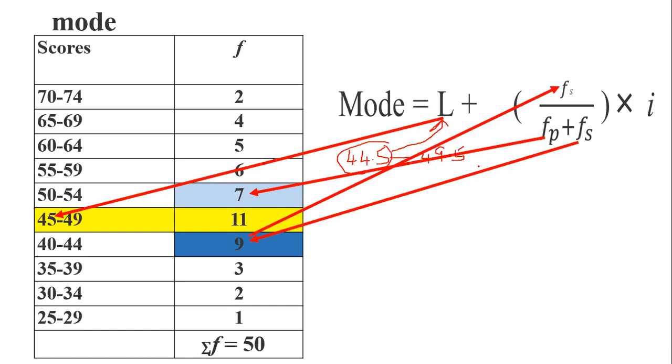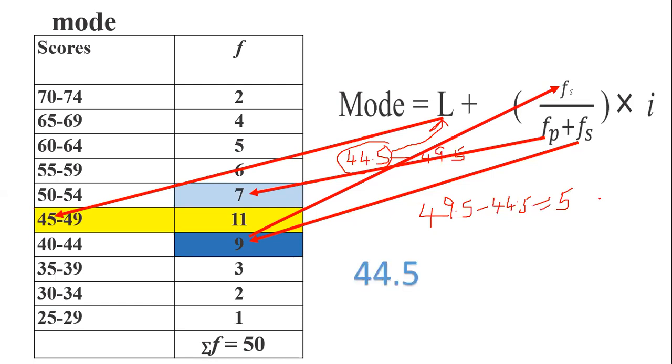And then we have our I. For our I, we take the upper class boundary, which is 49.5, minus the lower class boundary, which is 44.5. It gives us 5. So that is our class interval. Our class interval is 5.